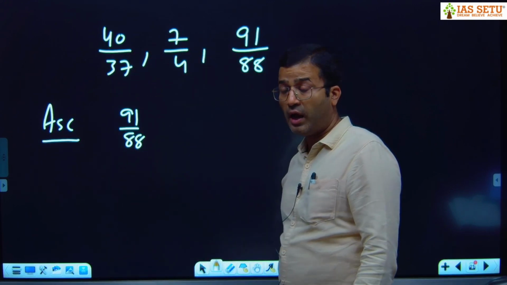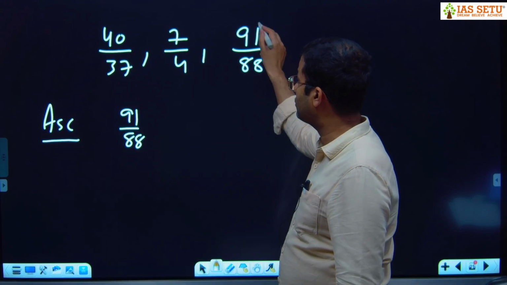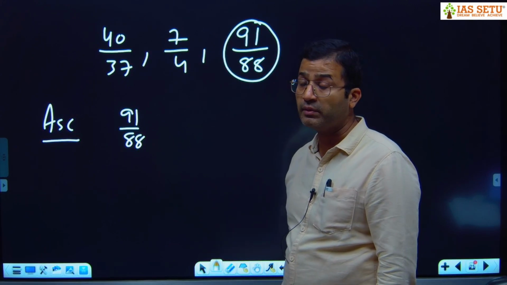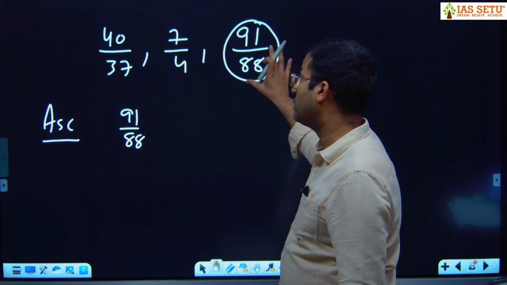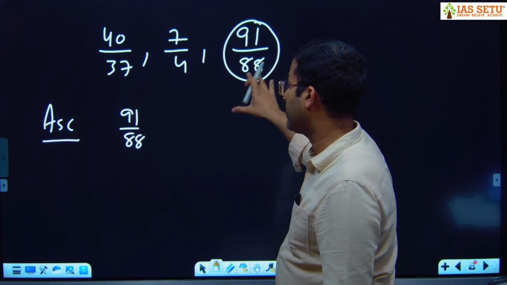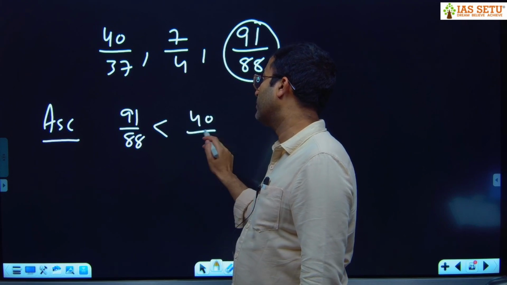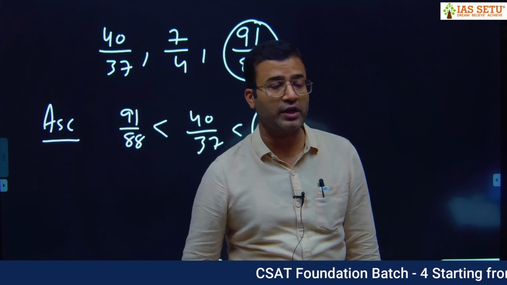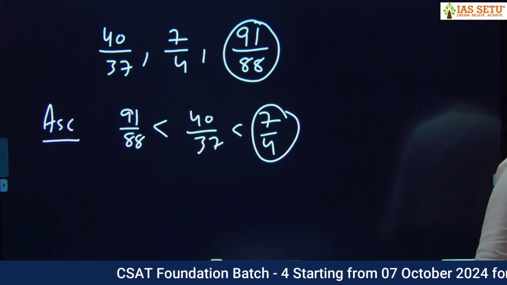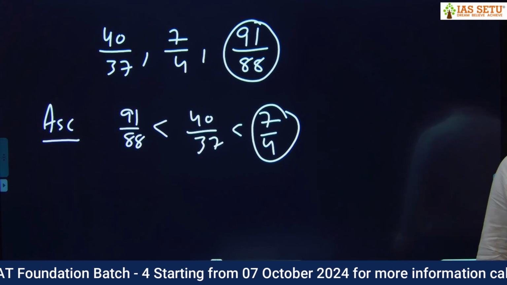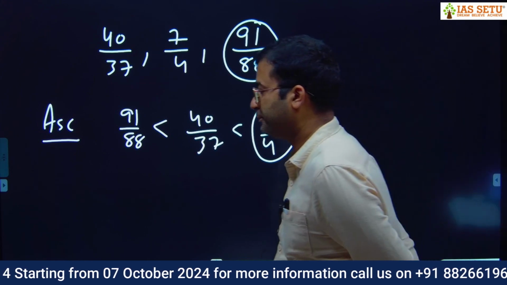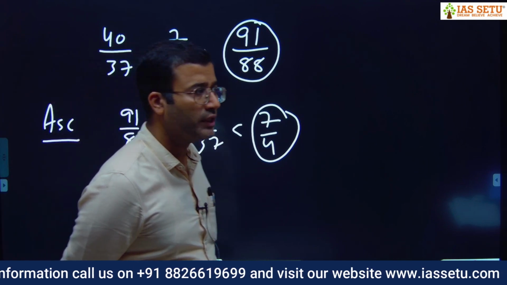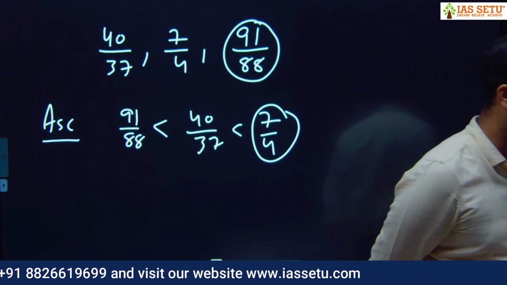After 2 months I can tell you, in the exam some people will take it as the largest in a flow, they do carelessness, but you have to be careful. Concentrate a little on whether it is a proper or improper fraction. So this is smaller than 40 upon 37, smaller than 7/4. 7/4 looks small, but because of improper fraction this is the largest fraction. Any doubt in this type 4? If these are improper fractions and the difference between numerator and denominator is constant, the value that looks bigger is actually smaller.